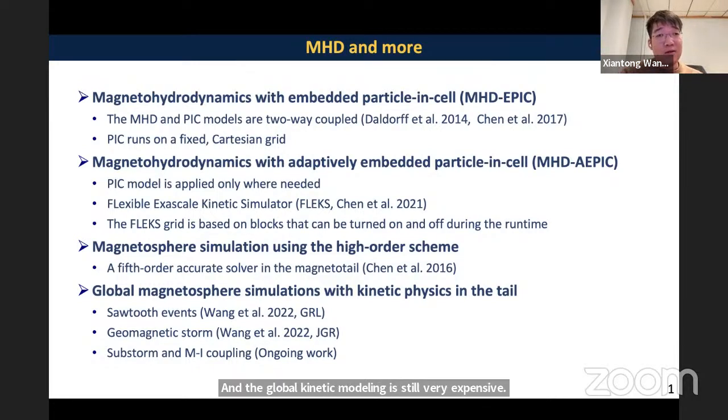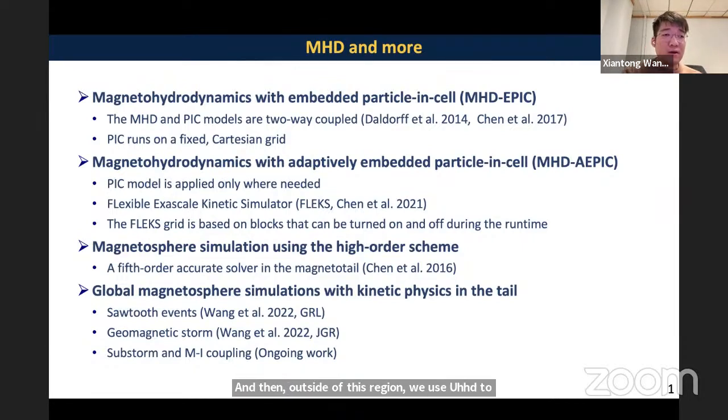So then in 2014, Daldorff proposed a two-way coupling method, trying to put a kinetic region into the global magnetosphere, a global MHD simulation domain. Inside that kinetic region, we use a particle-in-cell model as our kinetic model, and outside this region we use MHD to describe the general configuration.